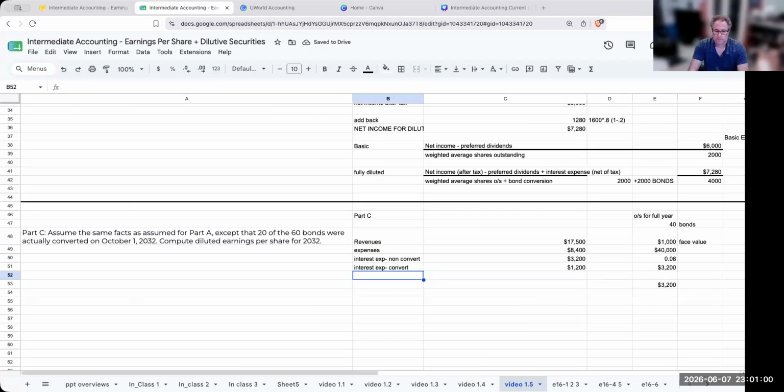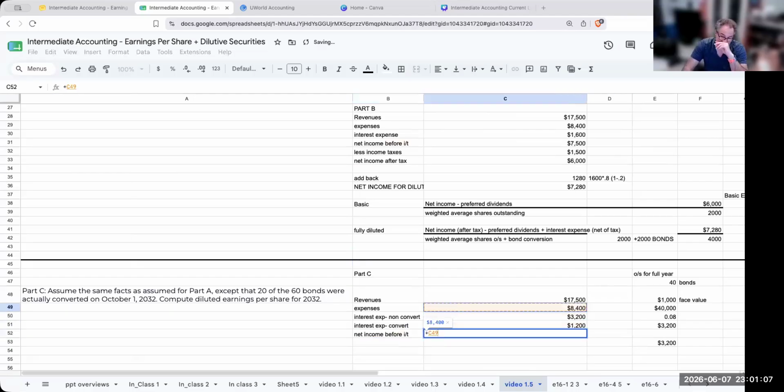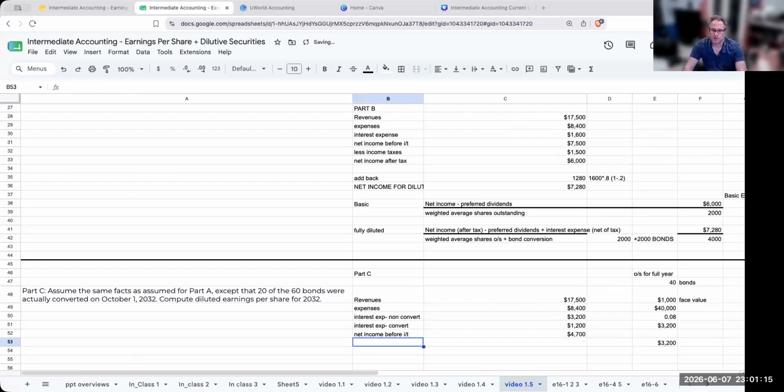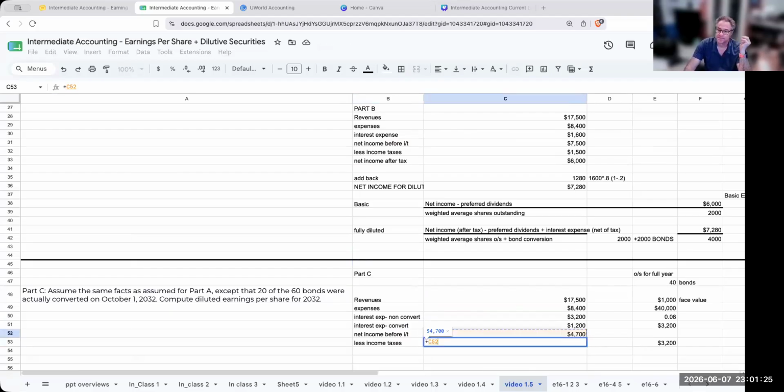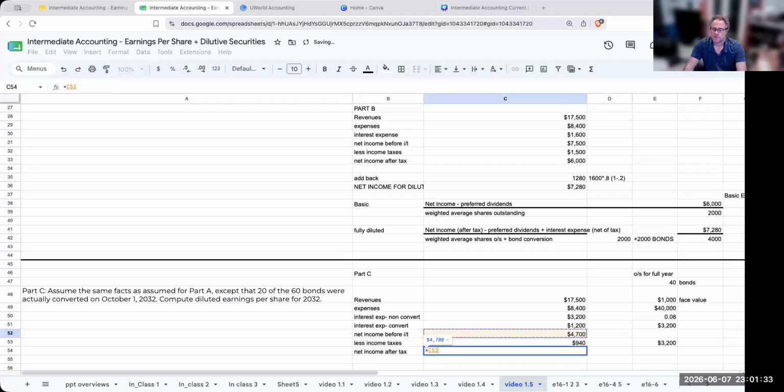So my net income before income taxes is going to be 17,500 minus 8,400 minus 3,200 minus 1,200, or a total of 4,700. Less income taxes. My income taxes here were basically going to be at 20%. So my net income after tax is going to be 3,760.